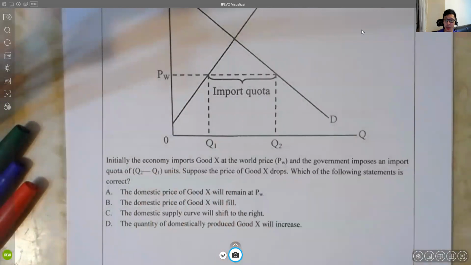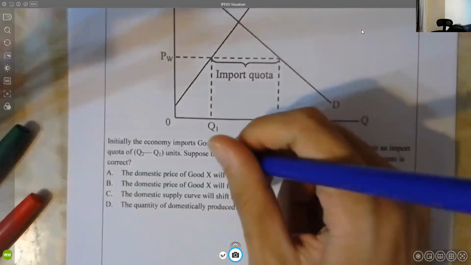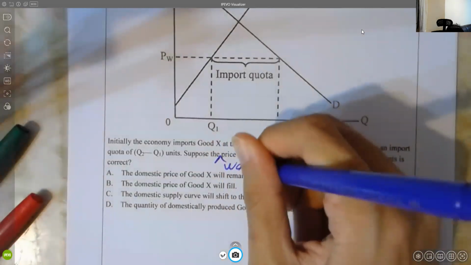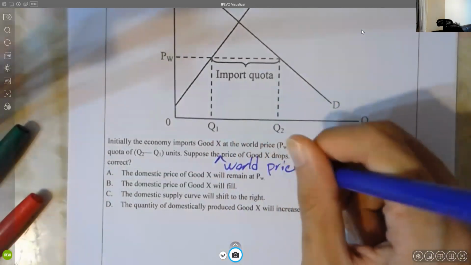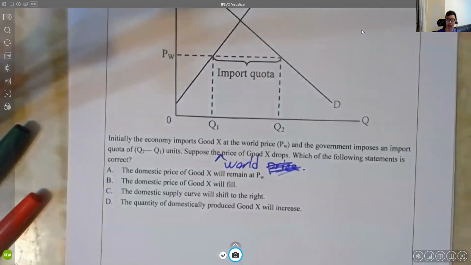Suppose the world price, 對唔住嚇，打漏咗字。It should be suppose the world price drops. So which of the following would be true, right?